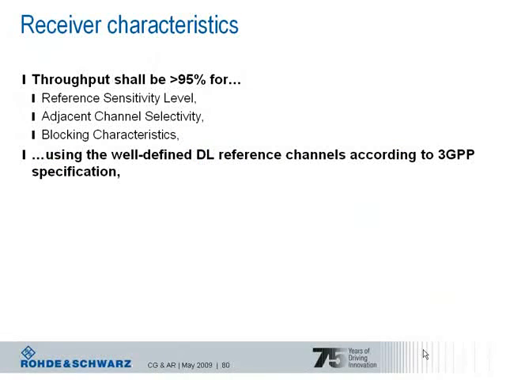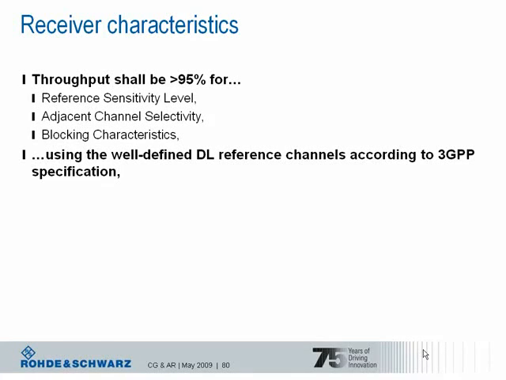Receiver characteristics are estimated by a throughput measurement. The throughput, based on a fixed reference channel, should be more than 95% and is measured of course for reference sensitivity level, adjacent channel selectivity, and blocking characteristics. As you can imagine, the throughput is based on the counting of ACKs and NACKs in the uplink.